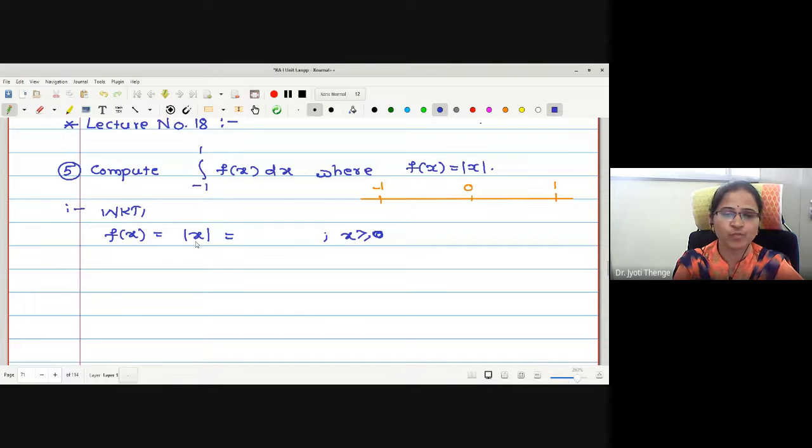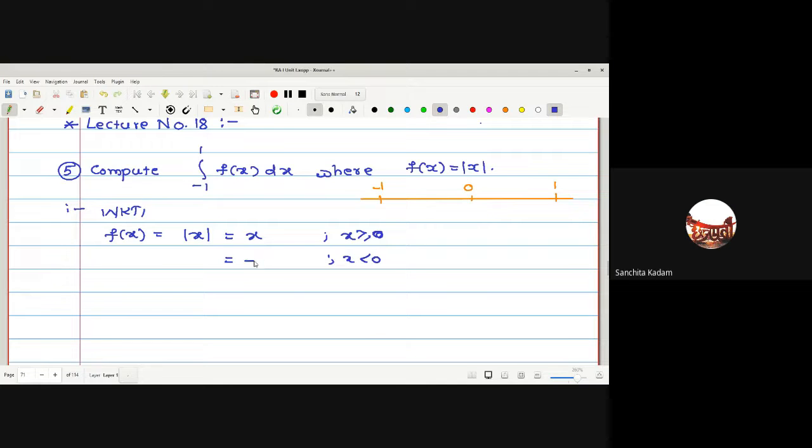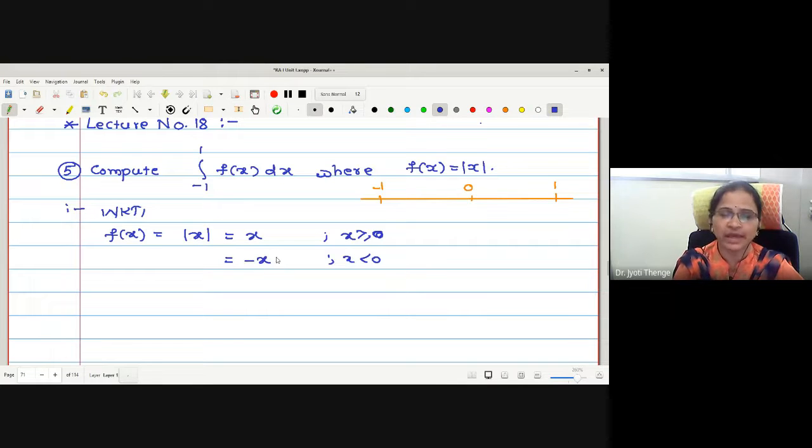The value of mod x is x. And if x is less than 0? Minus x. Yes, x itself is negative, so with one more negative it becomes a positive value. So the modulus function is an absolute function converting the value of any number to a non-negative value.